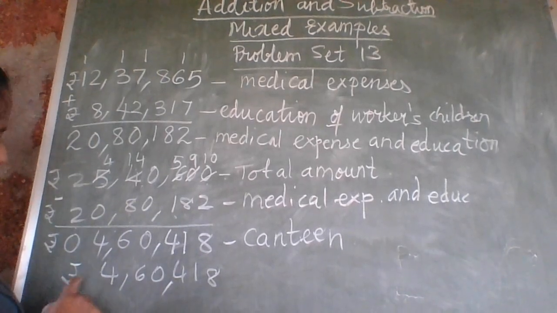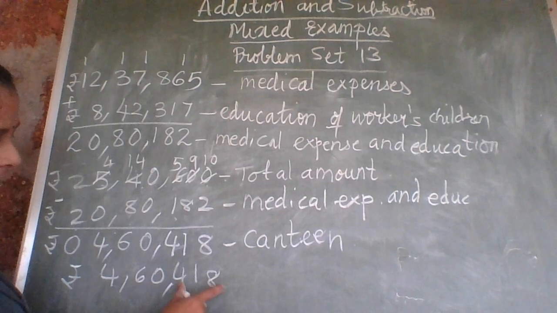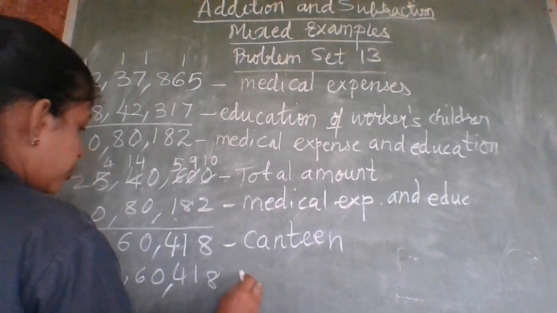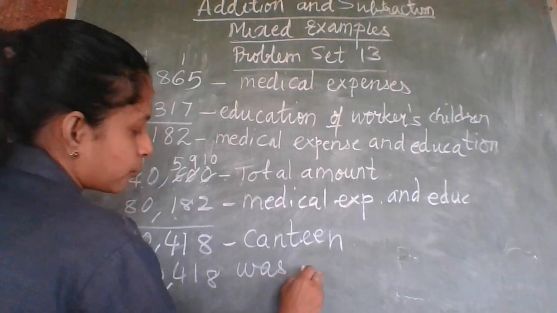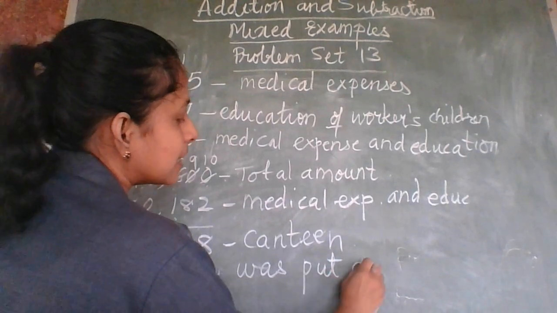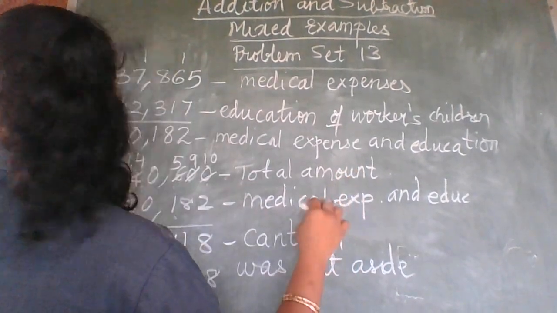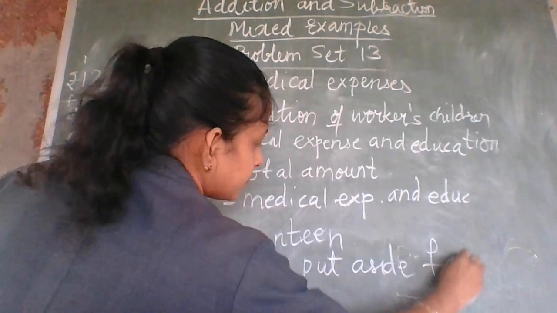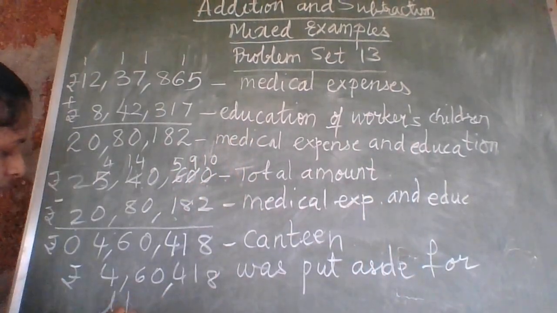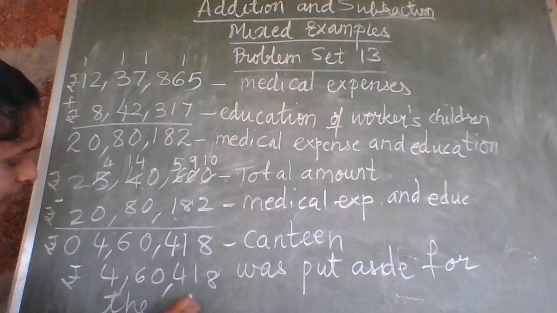Okay, so rupees 4,60,418 was put aside for the canteen.